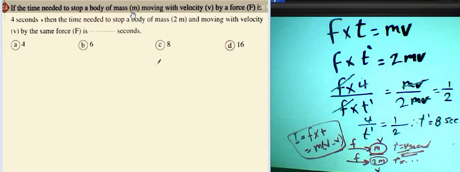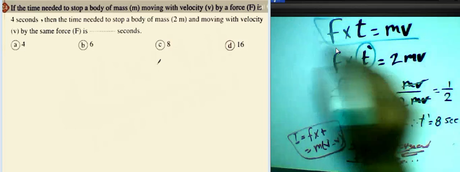For the second body, the velocity will be v and the mass will be 2m, so F times t dash equals 2mv. We can divide relation number 1 by relation number 2 to find t dash.